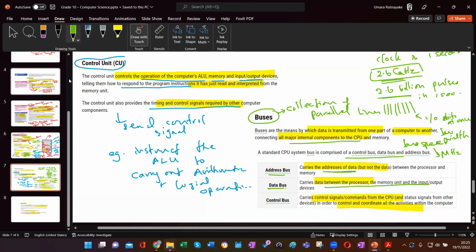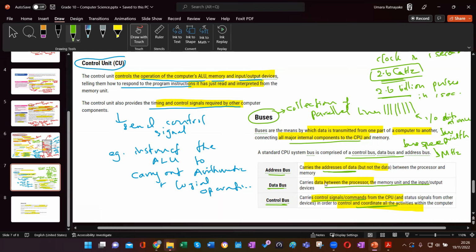And the control signals sent by the control unit are transferred on the control bus, which carries the control signals, commands. Control signals are actually commands, orders. As an example, we take the traffic police, who give the orders in order to control and coordinate all the activities within the computer: the control bus.